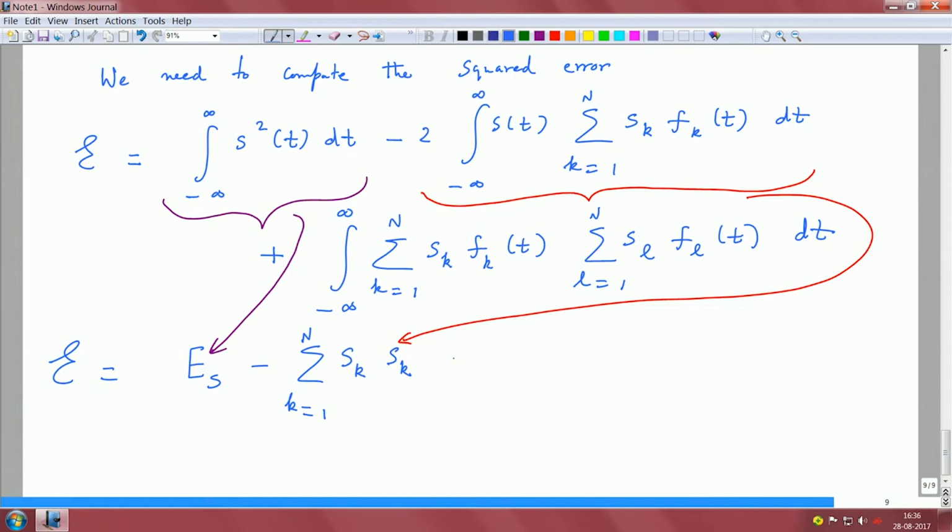The last term is also not too hard. First we will just pull the summations out, k equals 1 to n, sum l equals 1 to n. I pull out sk and s suffix l, and I just get this integral.